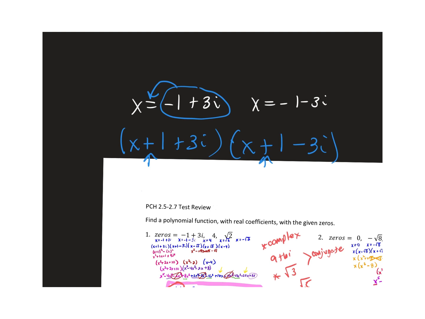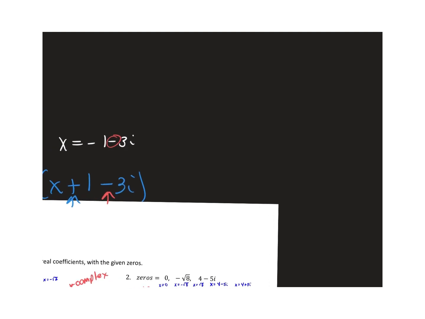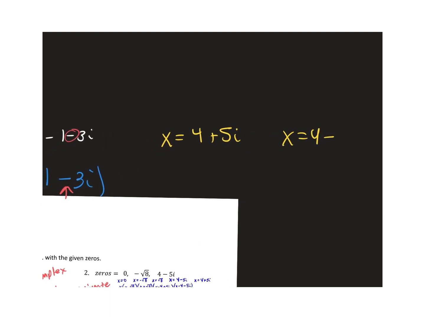But notice, when I say stays the same, I mean stays the same from here to the other side. But when it does move over, do you see how the second sign is always going to be different? The same thing occurs here, but when you are dealing with the negative, that's why it looks like it flips. If I have x equals 4 plus 5i, I also have x equals 4 what?